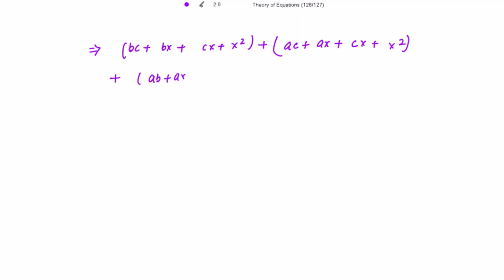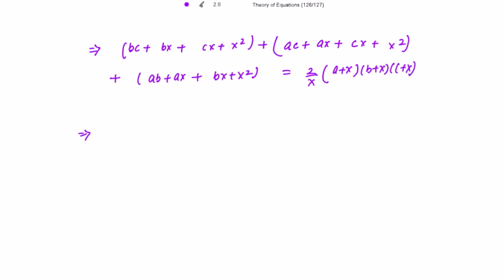So we get bc plus bx plus cx plus x square, plus ac plus ax plus cx plus x square, then ab plus ax plus bx plus x square, equal to 2 divided by x into a plus x into b plus x into c plus x.